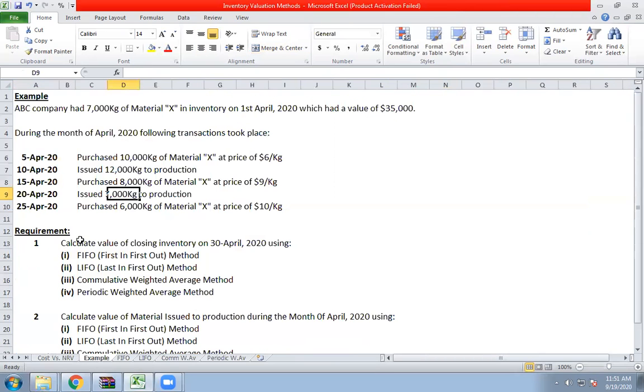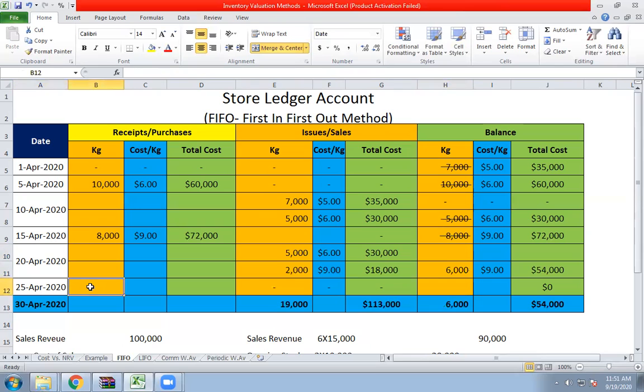Moving forward to 25th April, I have purchased 6,000 kg once again at a price of 10. So I will record this purchase, 6,000, value is 10. I will calculate the total value by multiplying these two figures, and I will also update my balance with 10.